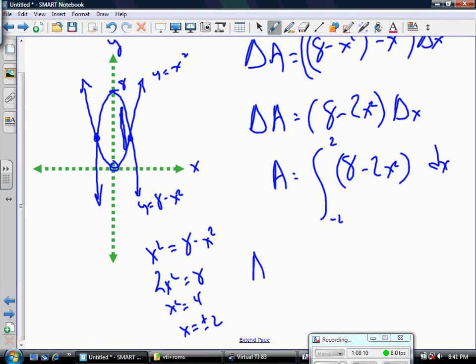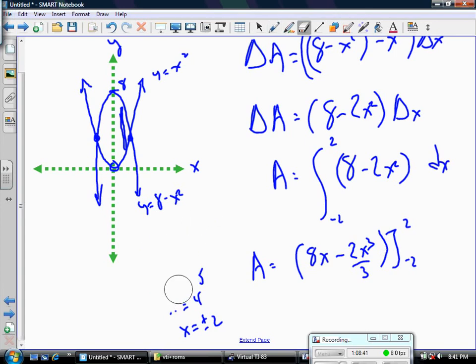All right, so integrate. A equals what? 8 dx gives you 8x. Negative 2x squared dx gives you negative 2x cubed over 3. Evaluate that from negative 2 to 2. By the way, by symmetry, you probably could have simplified this a little bit and just done from 0 to 2 and doubled your answer. It would be easier, but whatever. The arithmetic anyway.